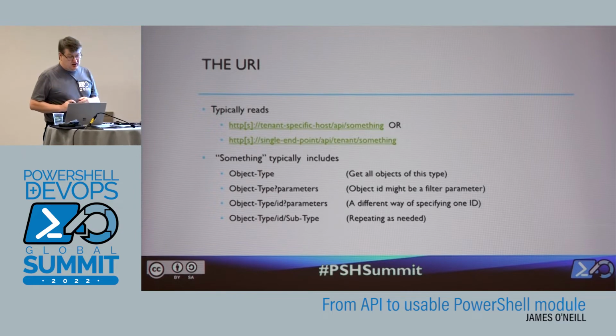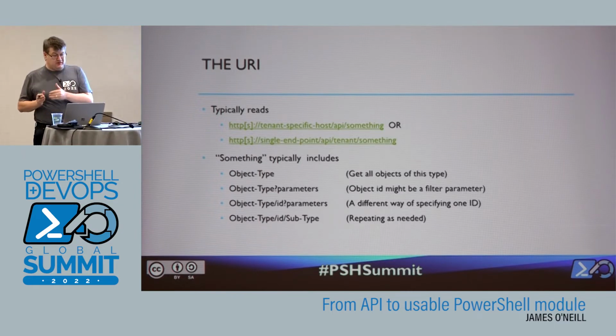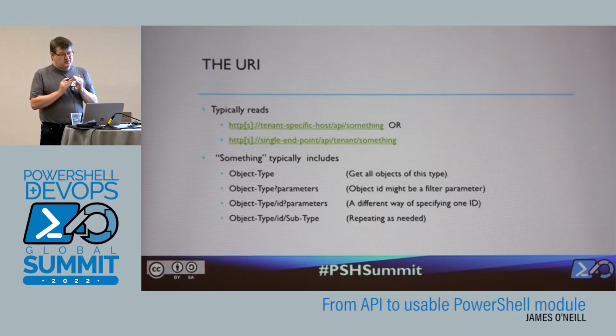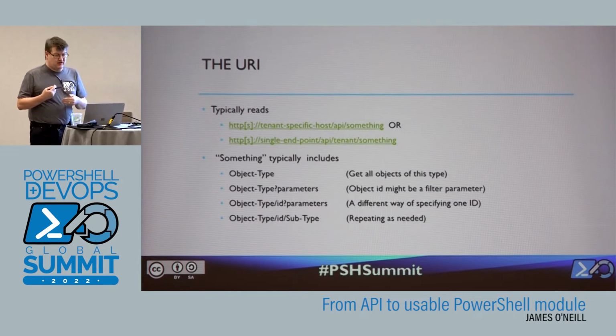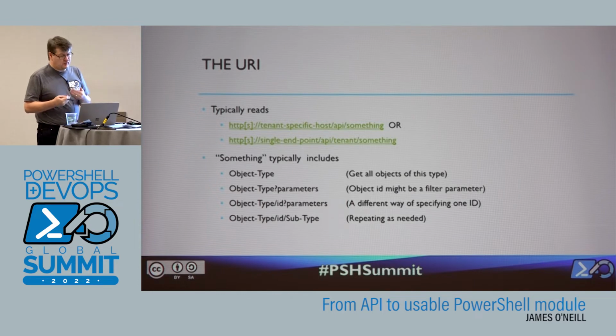The something part, commonly with these APIs, they will say what type of object we're going to request, and if you just request the object type on its own, common behavior is to give you every one of those objects. Then we specify some parameters, so we might have a filter parameter, or we might put the ID, and this will vary depending on the particular API we're calling.